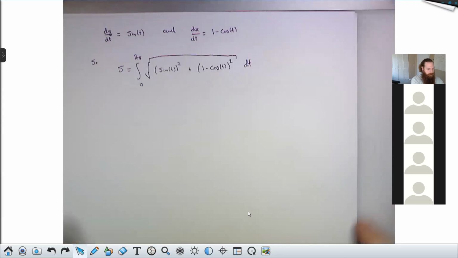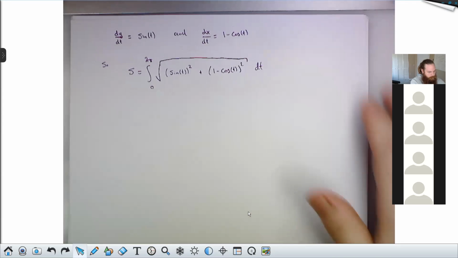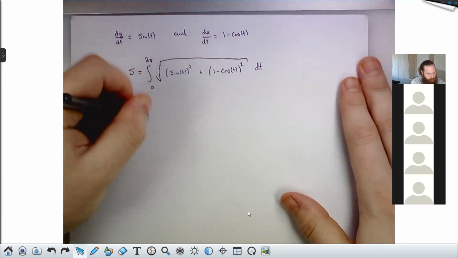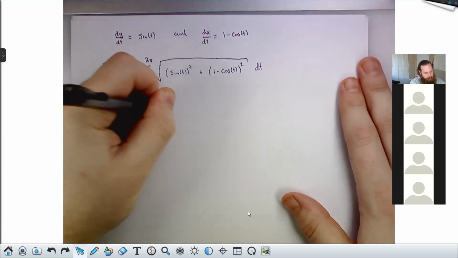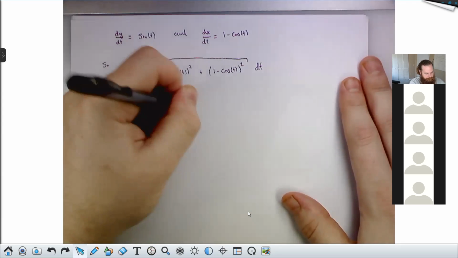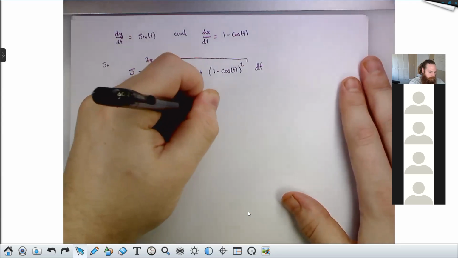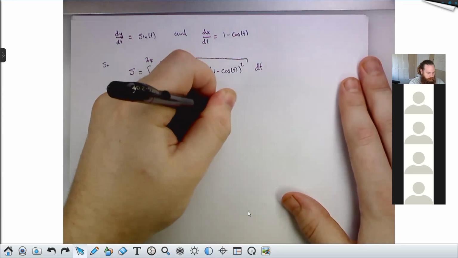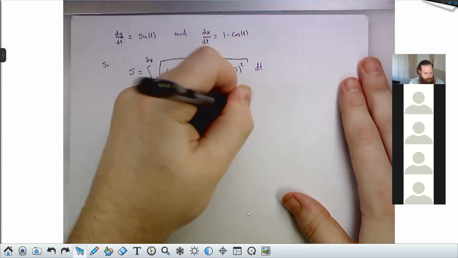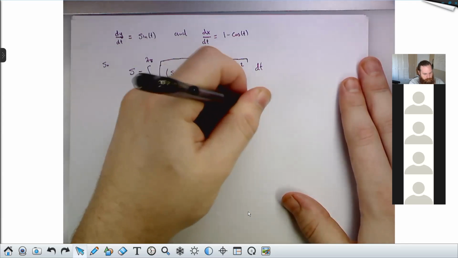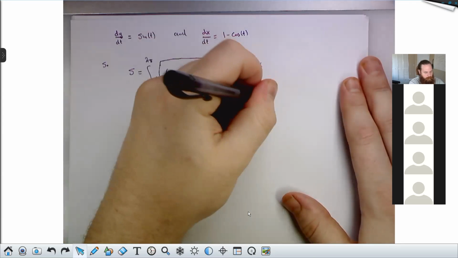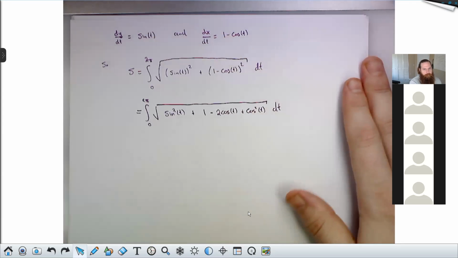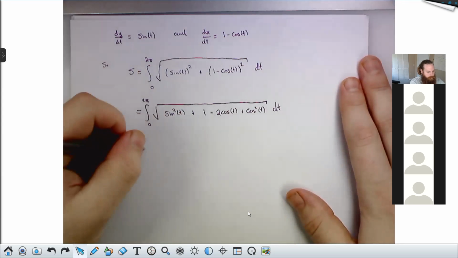So I'm going to just simplify under that radical and see what I can do. This is the integral from 0 to 2 pi of the square root of sine squared t plus 1 minus 2 cos t plus cos squared t, just foiling things out. And that's all under this radical. I can combine the sine squared and the cos squared.